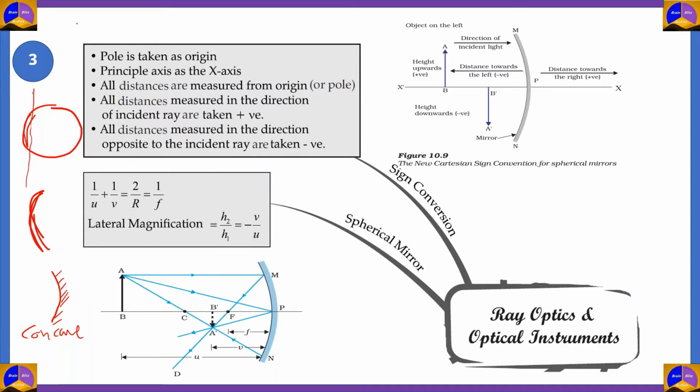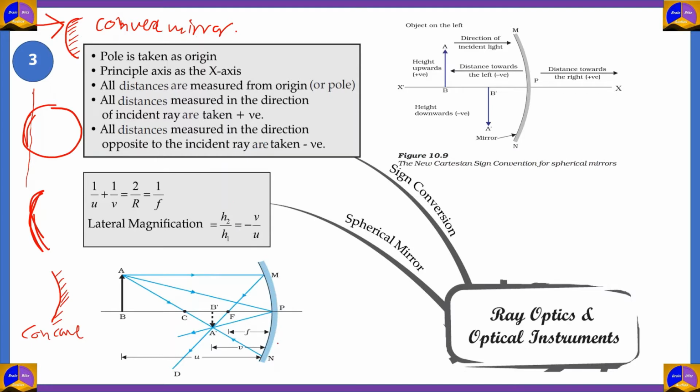On the other hand, if we're silvering the inside of a spherical surface, then the outer surface acts as a reflecting surface. This mirror is called a convex mirror. Both concave and convex mirrors form images, and they are the two types of spherical mirrors.